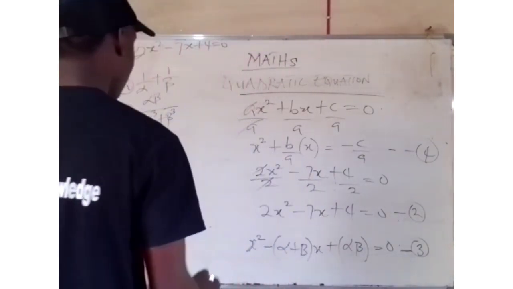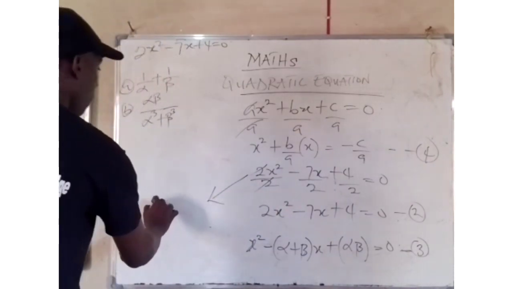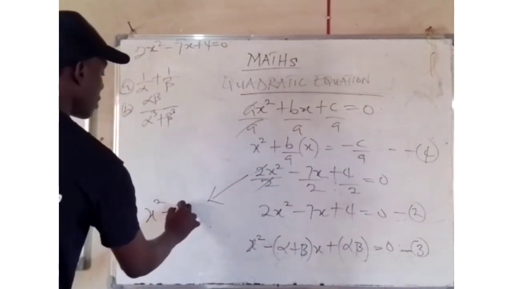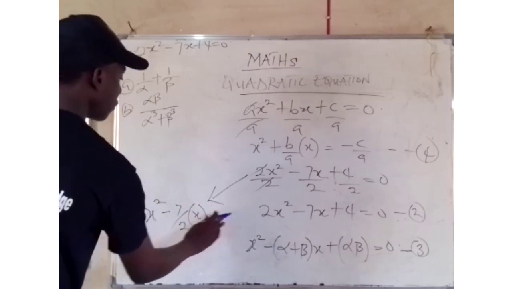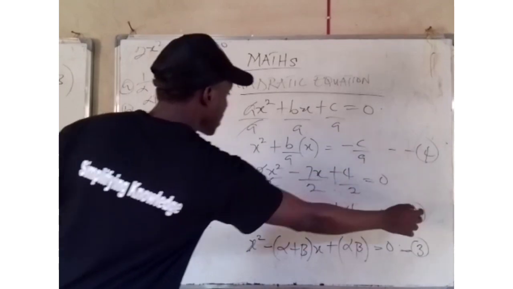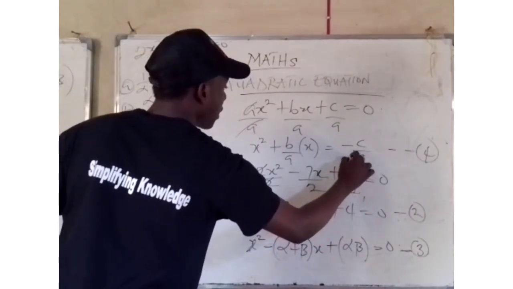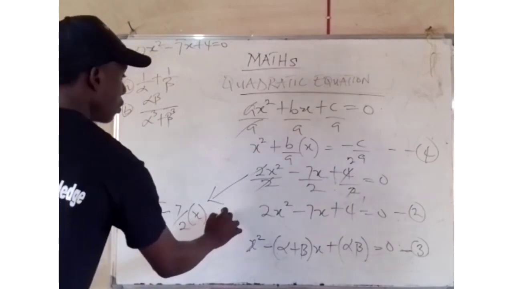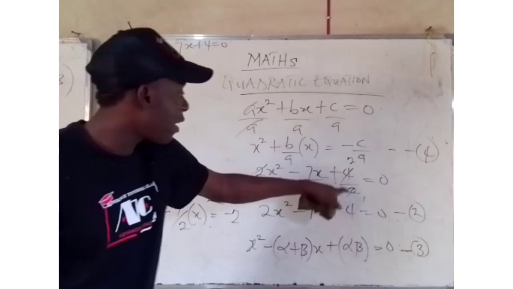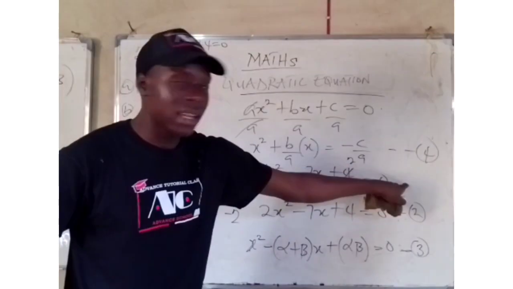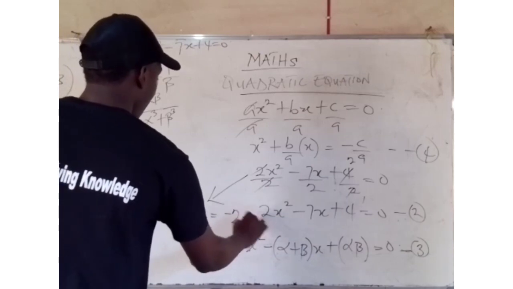So I'm going to have x squared minus 7 over 2 x, and the 4 divided by 2 is 2. Once it goes over to the other side, it's going to be minus 2. So this is equation 5.